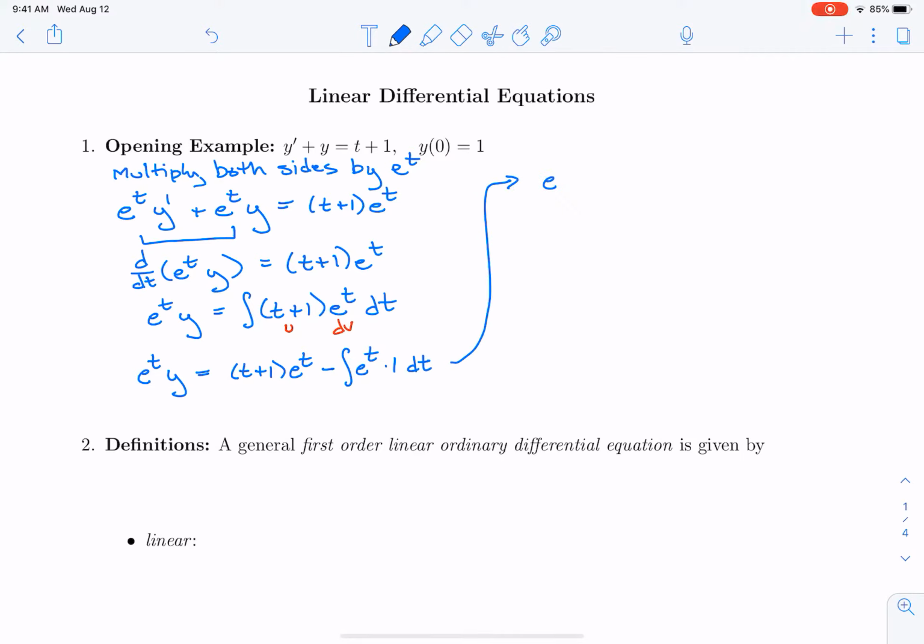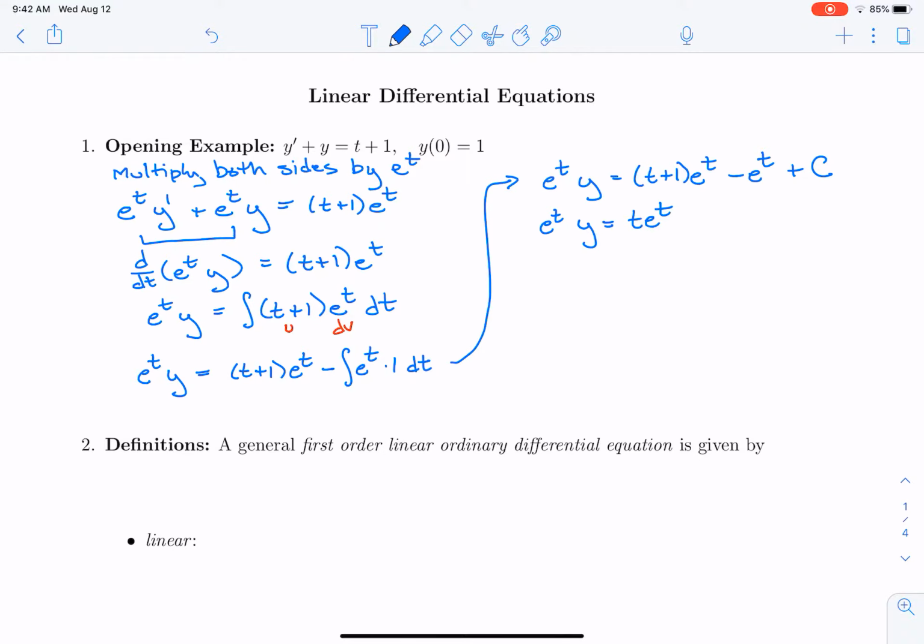This tells us that e to the t times y is equal to t plus 1 times e to the t. And of course, the antiderivative of e to the t is, again, e to the t. And I'm going to add some sort of constant. Okay, so that tells me that e to the t times y is equal to t e to the t.